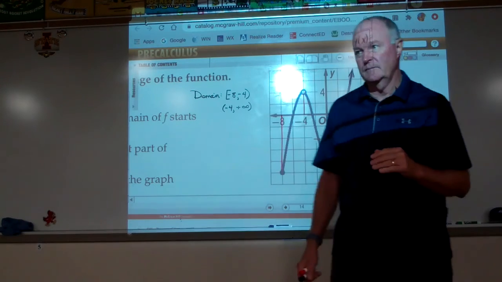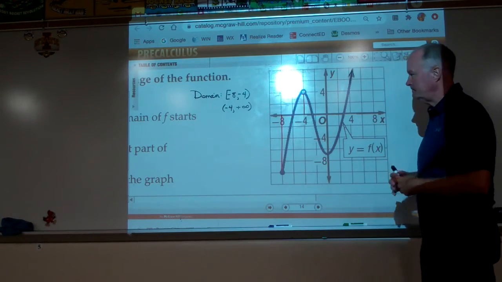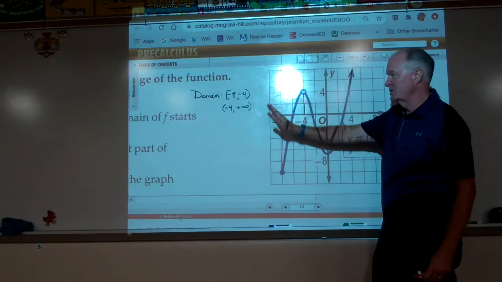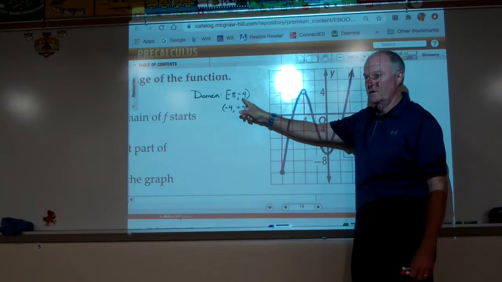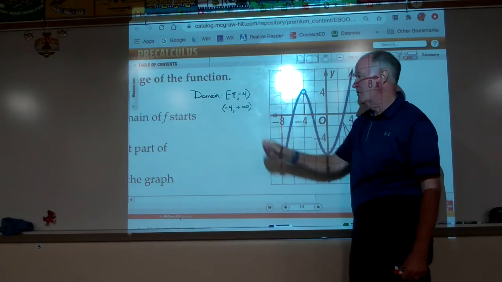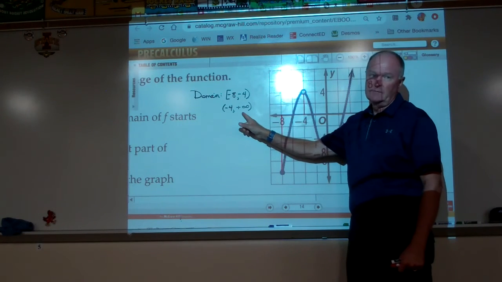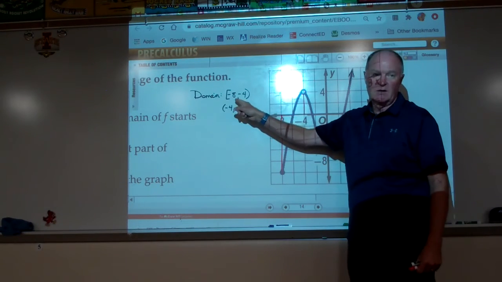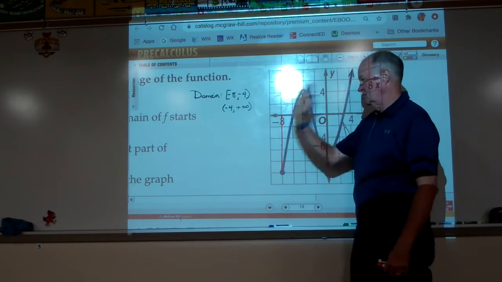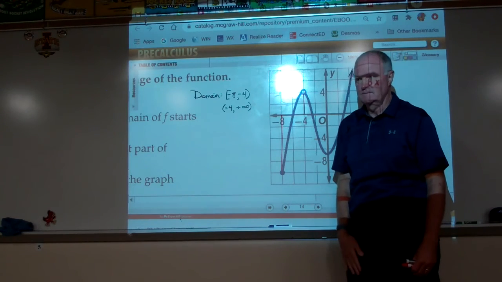It's going to mess you up a little bit. Okay. So there's the domain of this function. I'm using x's from -8 to -4, not including the -4, and then all the way to positive infinity. So I'm using all of those x's to make this graph. That's what can go into my machine. Everything else doesn't go into my machine. Okay.